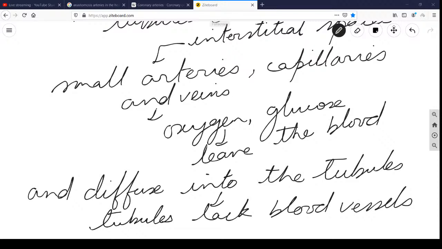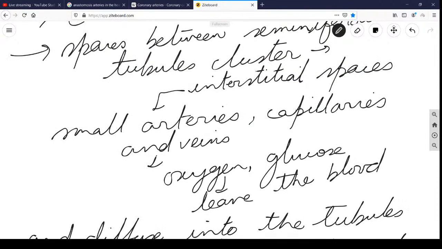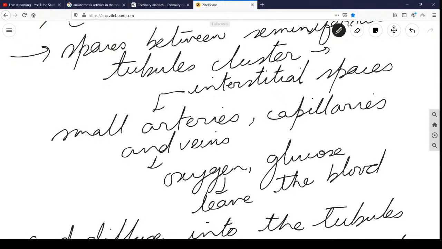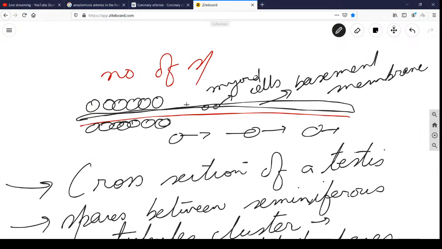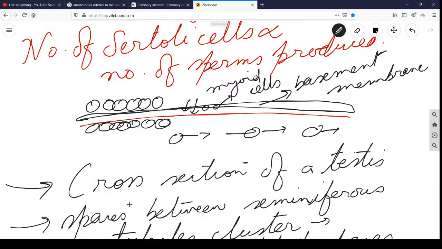Likewise, hormones can also leave the interstitial blood vessels and enter the seminiferous tubules through the same basal membrane of the tubules. The basal membrane we have already seen. From here there are specific gap junctions through which they can reach the seminiferous tubules.